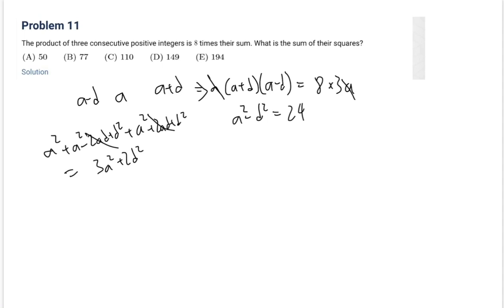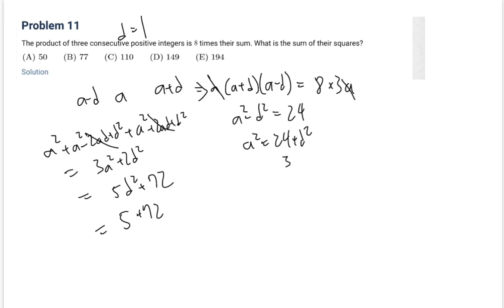Okay, so a squared is 24 plus d squared, so if we put that in here, then it will be 5d squared plus 3 times 24, which is 72. So it's 5d squared plus 72, and then it's consecutive, right? So d should be 1, so it's 5 plus 72, which is 77, so it's B.